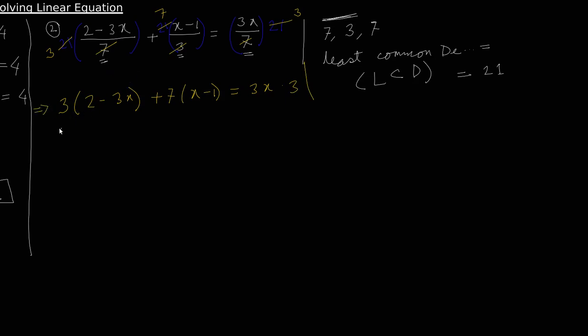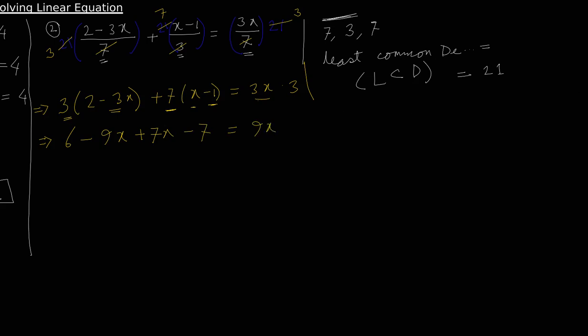Now let's multiply those. 3 multiplied by 2 is 6, 3 multiplied by negative 3x is negative 9x, 7 multiplied by x is 7x, 7 multiplied by negative 1 is negative 7, equals 3x multiplied by 3, which is 9x.